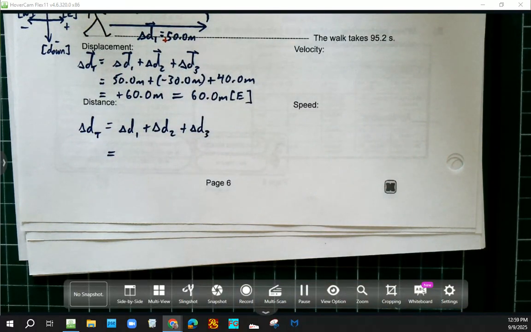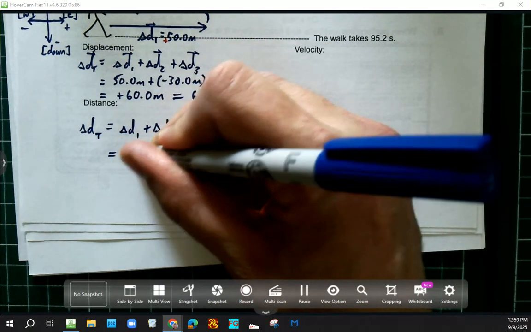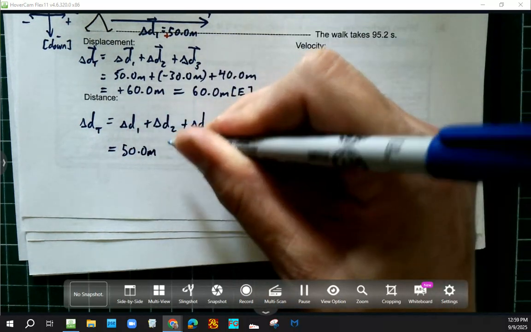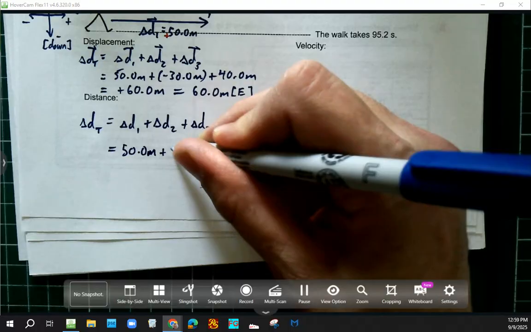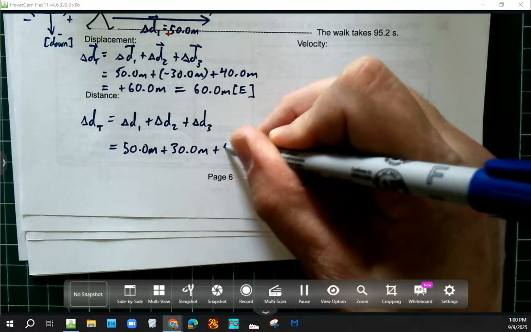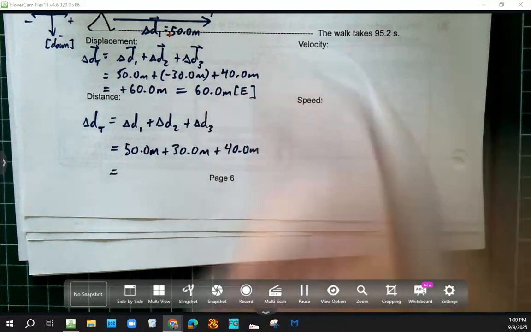As the math people would say, I'm only concerned about the magnitude, right? So 50 meters is just 50 meters. Never mind the plus or minus. Negative 30 meters is just 30 meters, because it's just how many steps I took. Same with the 40.